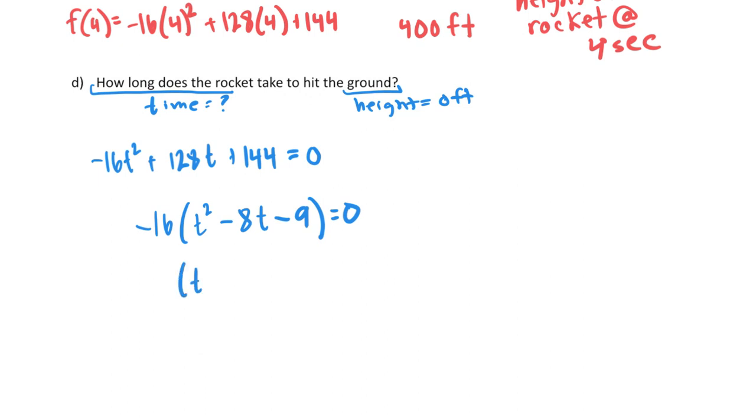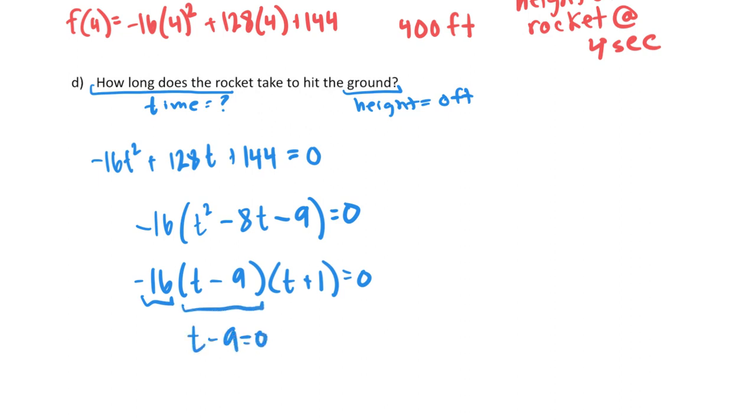We have t minus 9, t plus 1 equals 0. So if we set each of our factors equal to 0, negative 16 can't be 0, so that's not anything. T minus 9 equals 0, so t equals 9. And t plus 1 equals 0, so t equals negative 1. Okay, so our possible times it takes to hit the ground is 9 seconds or negative 1 seconds. We can't have a negative time.